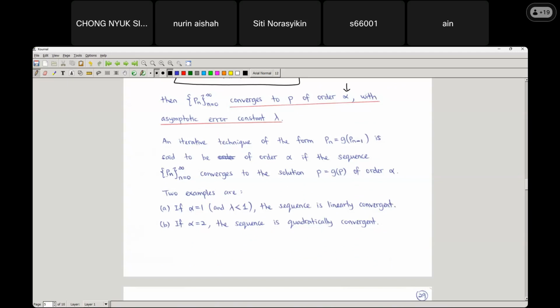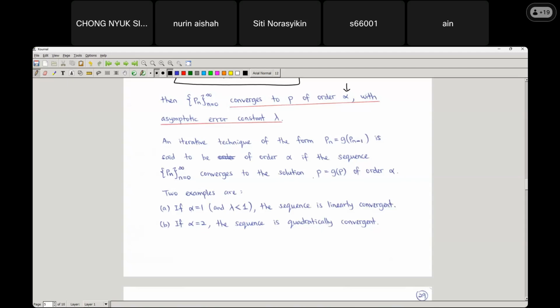And if the sequence Pn converges to P, either the question will give you P directly, or P can be written as a function g of P, of order alpha.